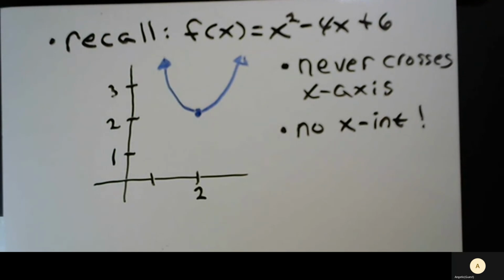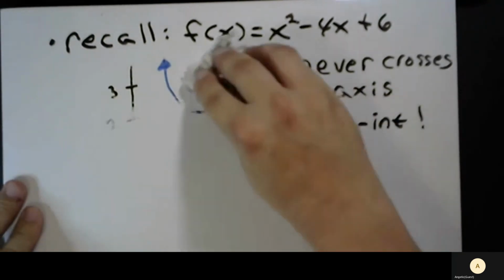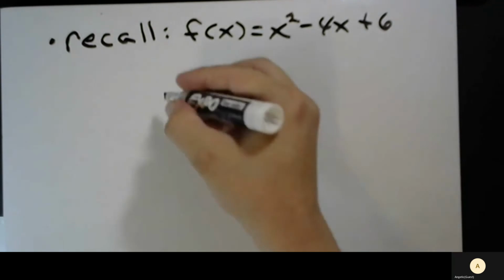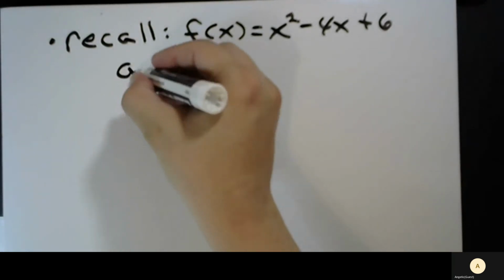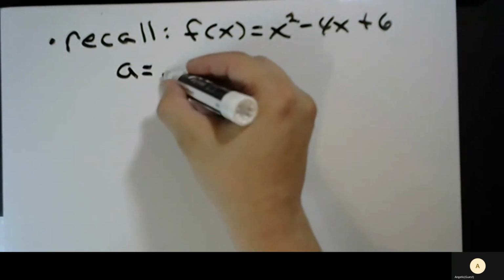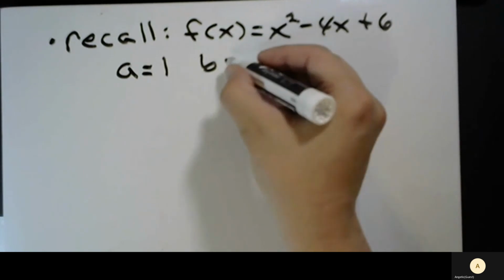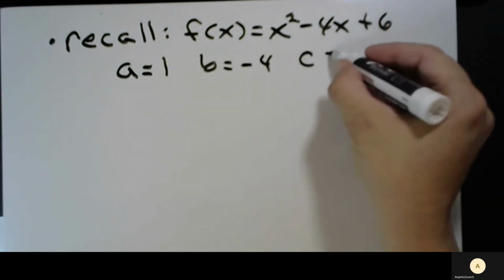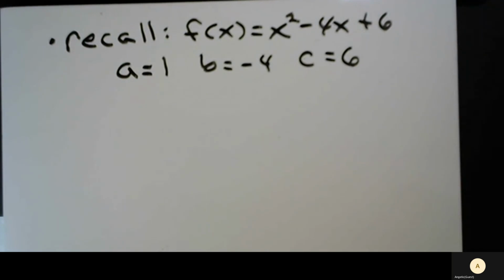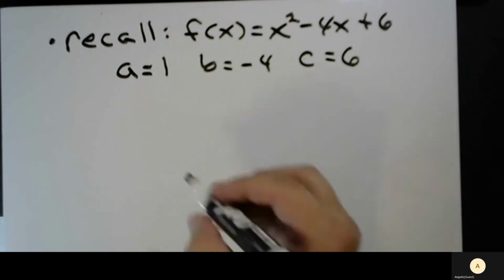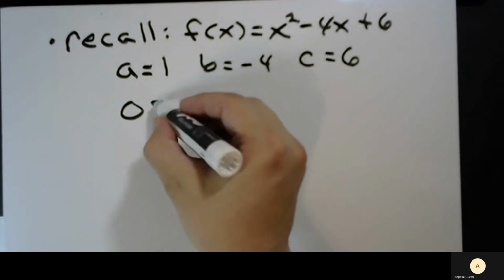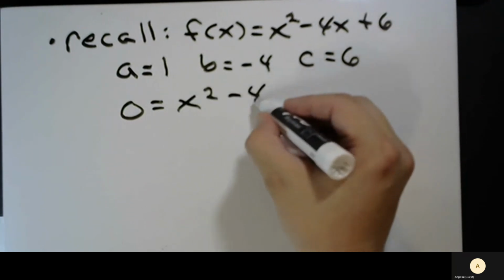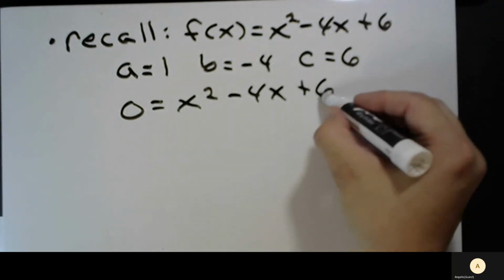But let's try to do it. See what happens. So once again, we look for A, B, and C. A is 1. B is -4. C is going to be 6. And we're solving 0 is x squared minus 4x plus 6.